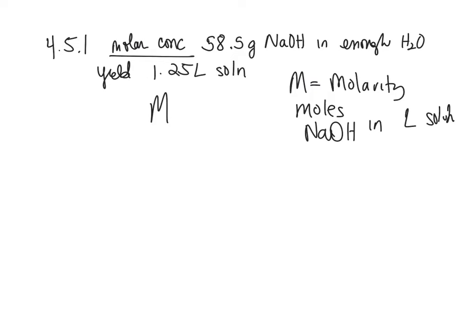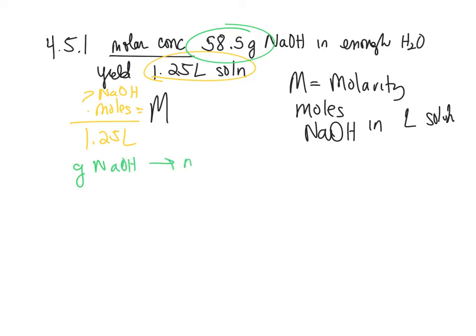So what you do when you're given a volume like this is you're going to divide by 1.25 liter, and you're looking for the moles of the sodium hydroxide. So do you know how to go from grams of sodium hydroxide to moles of sodium hydroxide? Yes, you do: molar mass.